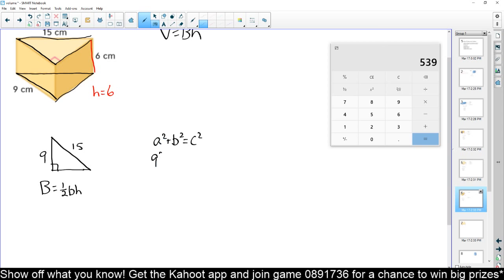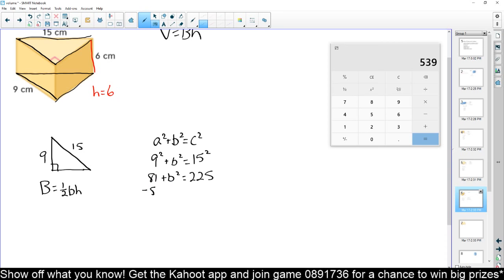So I know one short side is 9 squared. I don't know the other, but I know c squared is 15. So I square both of these. 9 times 9 is 81. 15 squared is 225. If you don't believe me, you can check your calculator. I want to get b squared by itself. I don't have my fancy calculator, so I can't use nsolve.